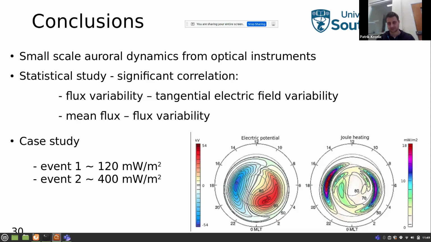So the whole point is that we are significantly underestimating, and even though these are very short events, if we add multiple of those events along the auroral oval, we might get a better representation of the Joule heating.